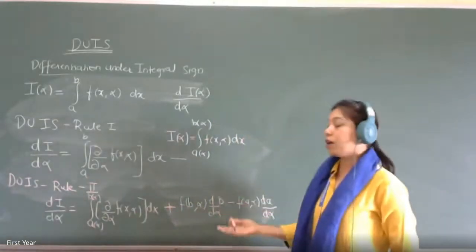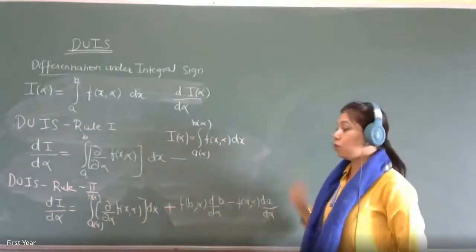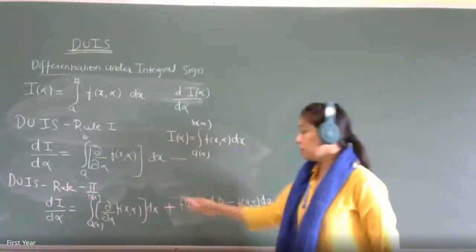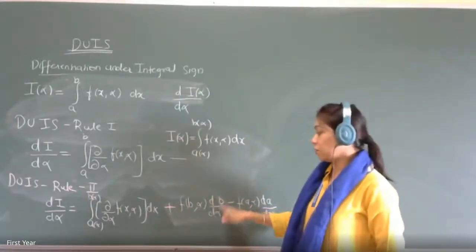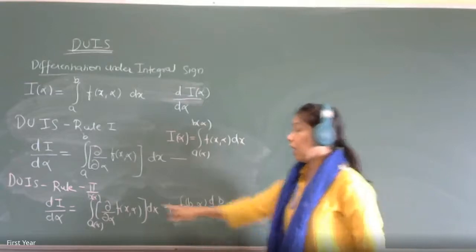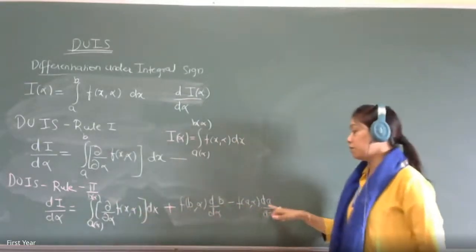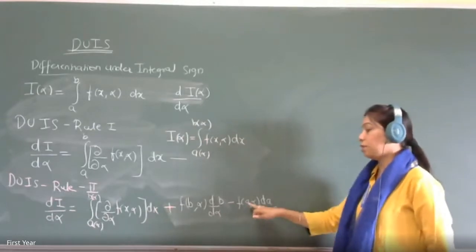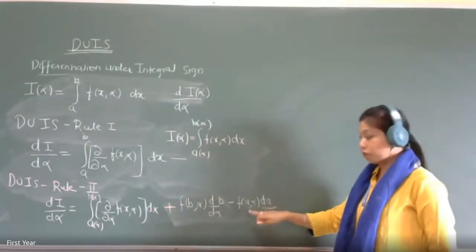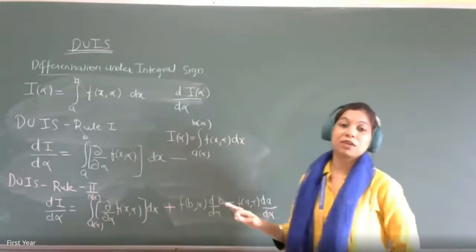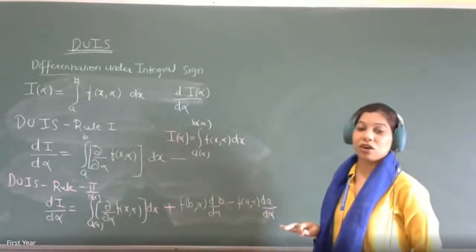The upper limit is positive, the lower limit is negative. So we take the differentiation of the upper limit with respect to alpha, and x is replaced by the upper limit, minus the lower limit's derivative with respect to alpha, replacing x by the lower limit. If you get this, then all the examples are very simple.